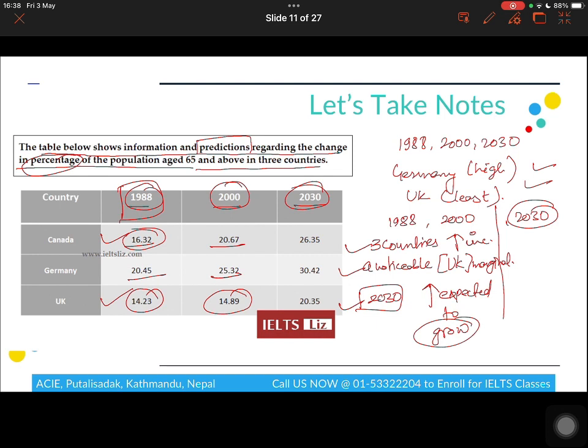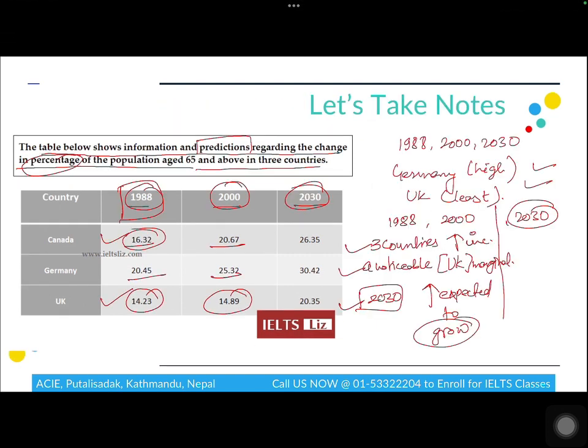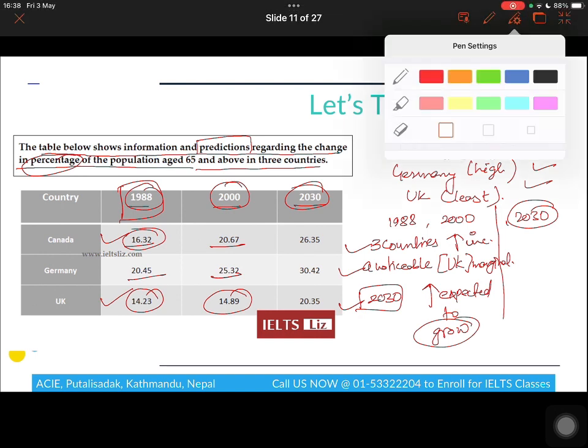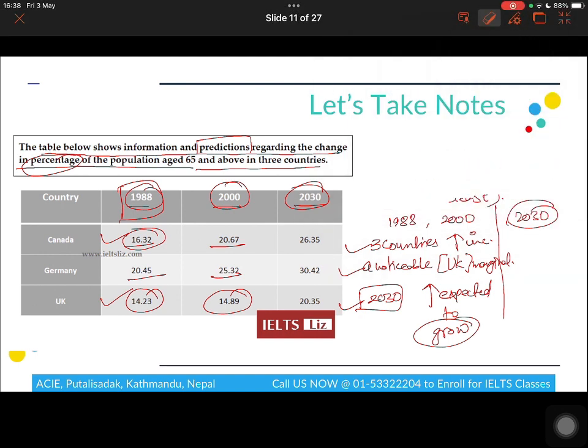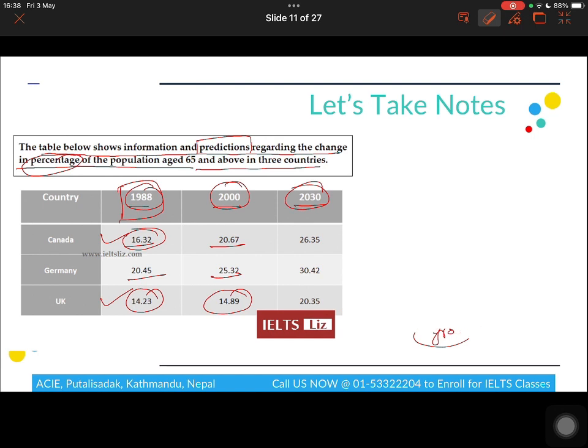Now, if we have to group the information, there are two ways you can group information.